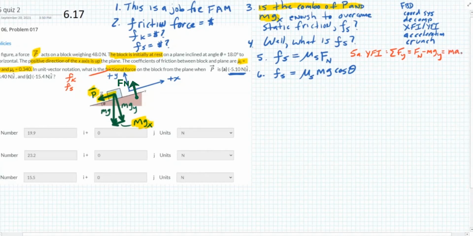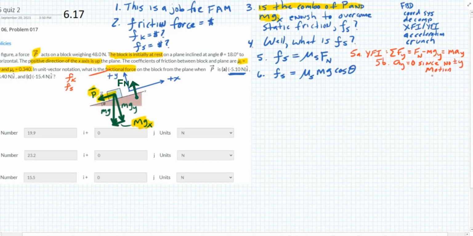And this would be y. And my acceleration statement is a sub y equals 0, since the box doesn't leave the ramp, since there is no plus or minus y motion.